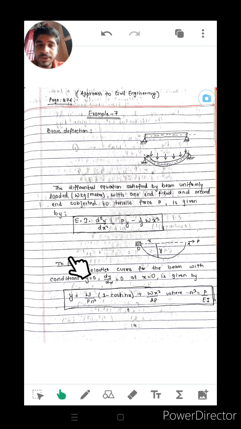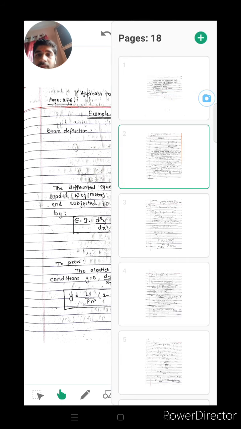Let's try to prove this problem with the help of differential equations, which is the approach to civil engineering. The given part is this, and we have to prove this equation where n squared equals P by E into I. So let's start.